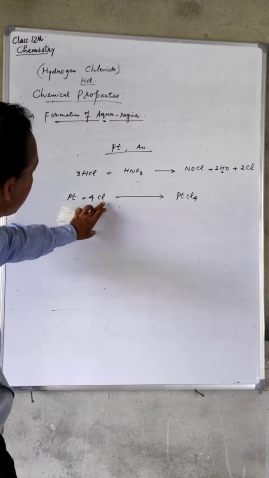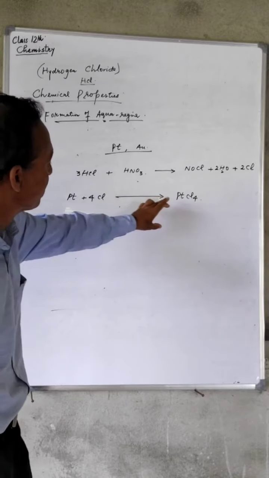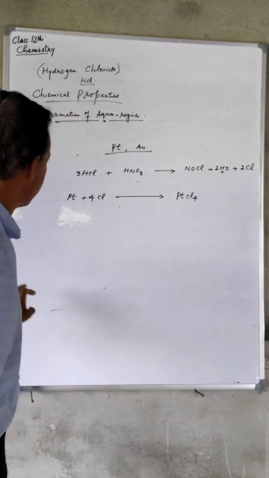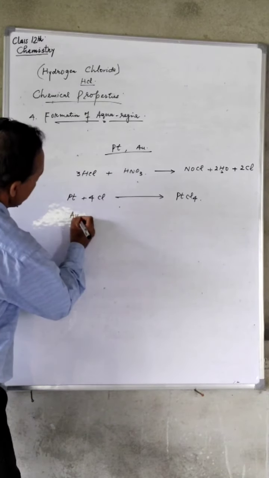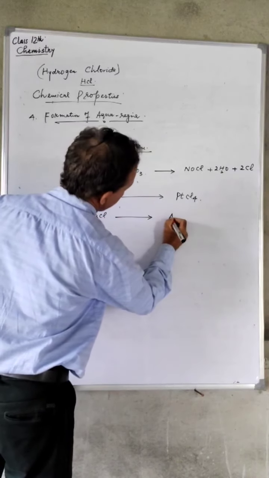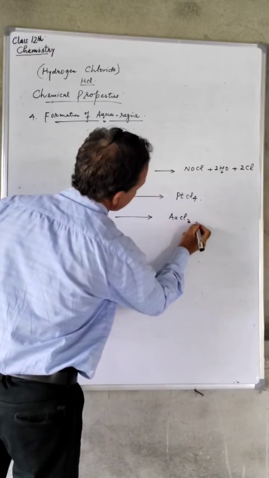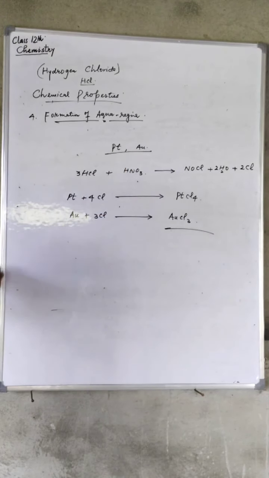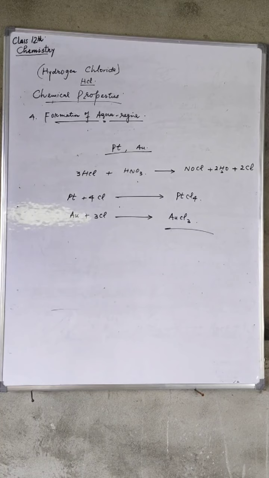So platinum with the nascent chlorine forms platinum tetrachloride, or Au plus Cl3 forms AuCl3, auric chloride. So these are the reactions when the aqua regia reacts with these noble metals.